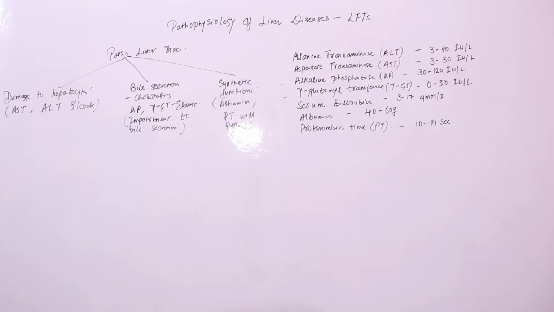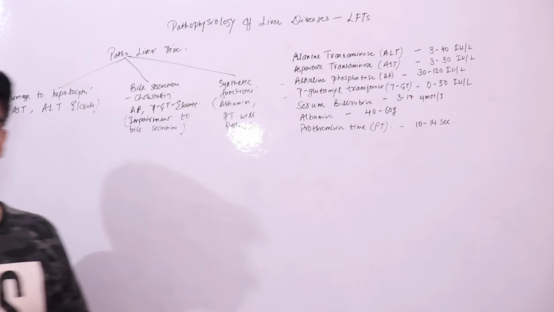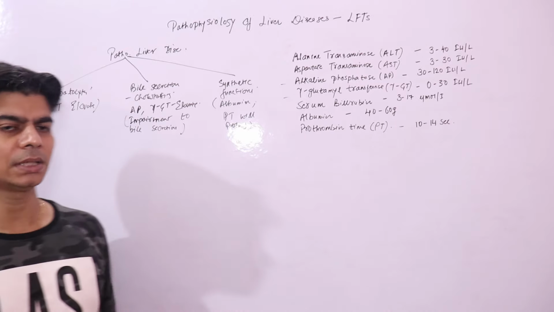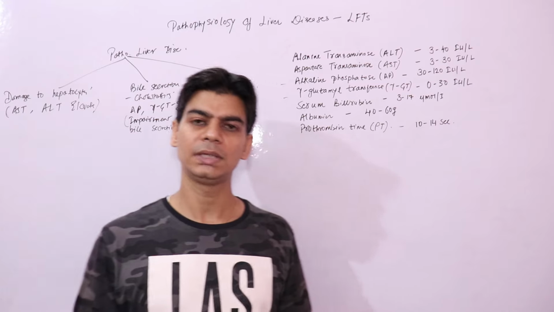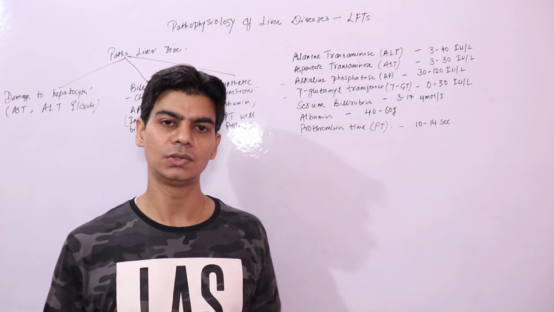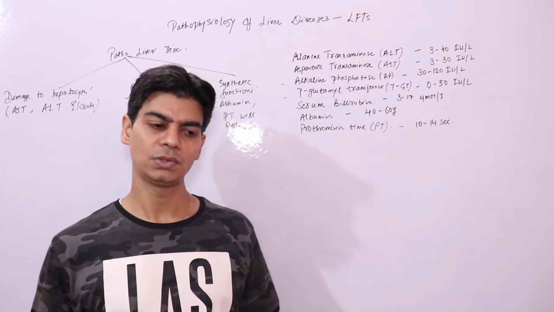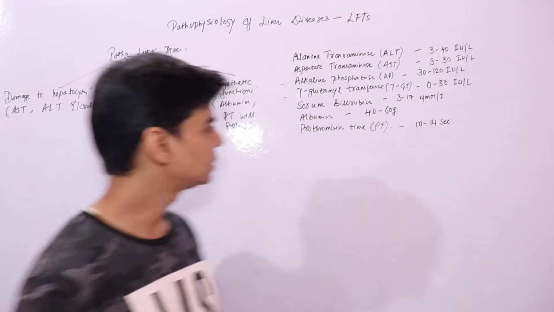And your serum bilirubin, like I said, is mainly because your liver is unable to secrete bile. Impairment to bile secretion will lead to an increase in bilirubin levels in the blood.